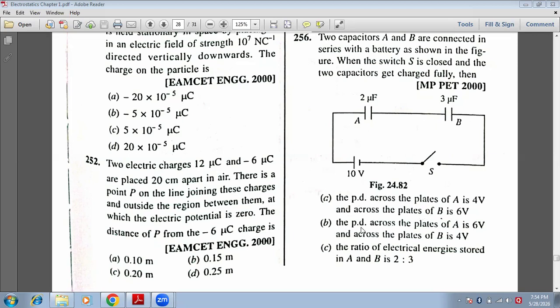Option B, the potential difference across the plates of A is 6 volt and across the plates of B is 4 volt. Option C, the ratio of electrical energies stored in A and B is 2:3. Correct answer: option B, the potential difference across the plates of A is 6 volt and across the plates of B is 4 volt.